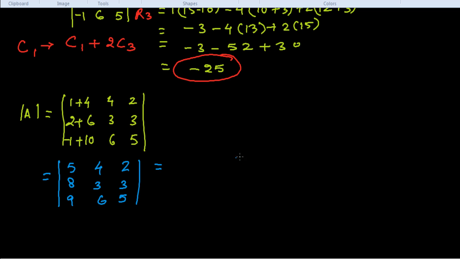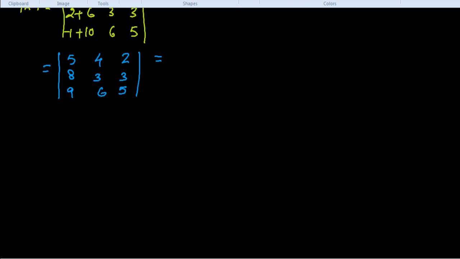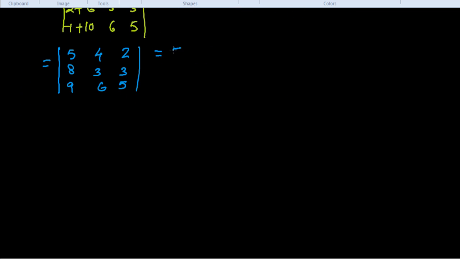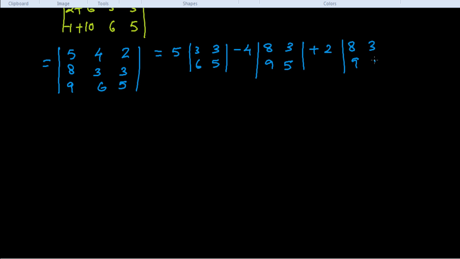Now expand this. See what happens. It is 5 times the determinant 3, 3, 6, 5, minus 4 times the determinant 8, 3, 9, 5, plus 2 times the determinant 8, 3, 9, 6.